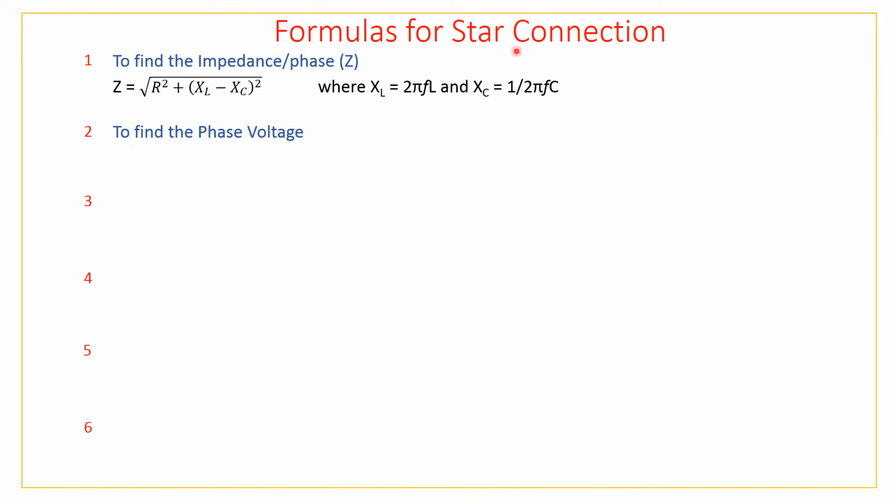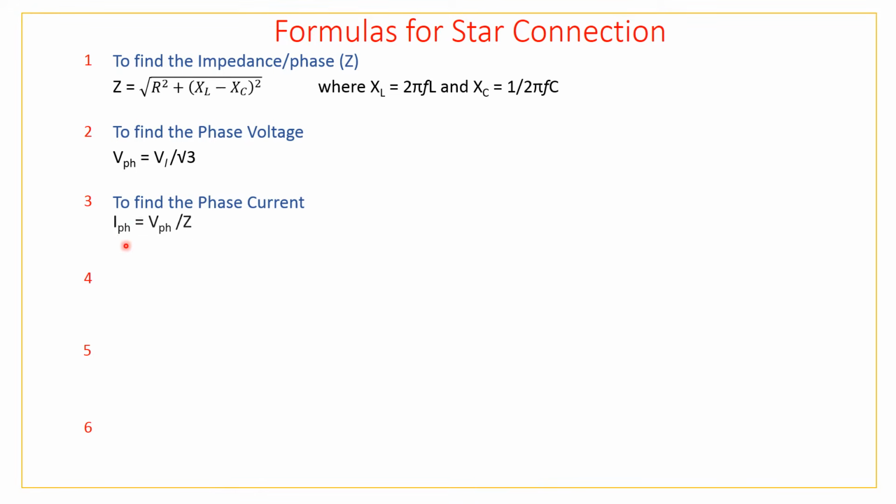Then comes to find the phase voltage. So we know that for star connection, VL is equal to root 3 V phase, or V phase is equal to VL by root 3. So always first find the phase voltage. Then comes to find the phase current. So once you get the phase voltage, you must find the phase current.